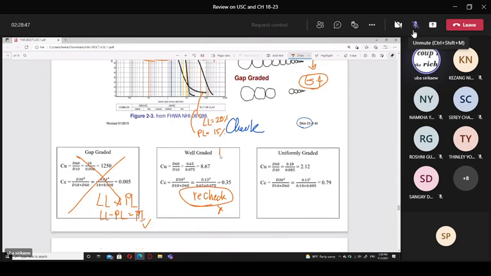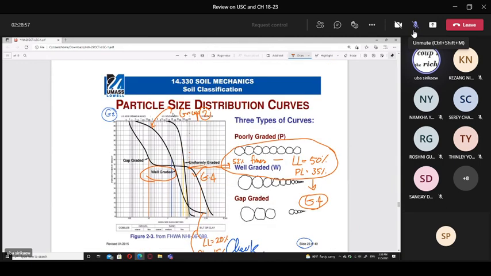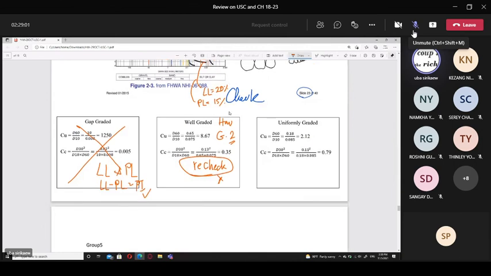Okay, how to for group number 2. And for uniform grade, you see, uniform grade. Totally is sand. So beginning of the sand, S is the first letter. So this is not requirement W.